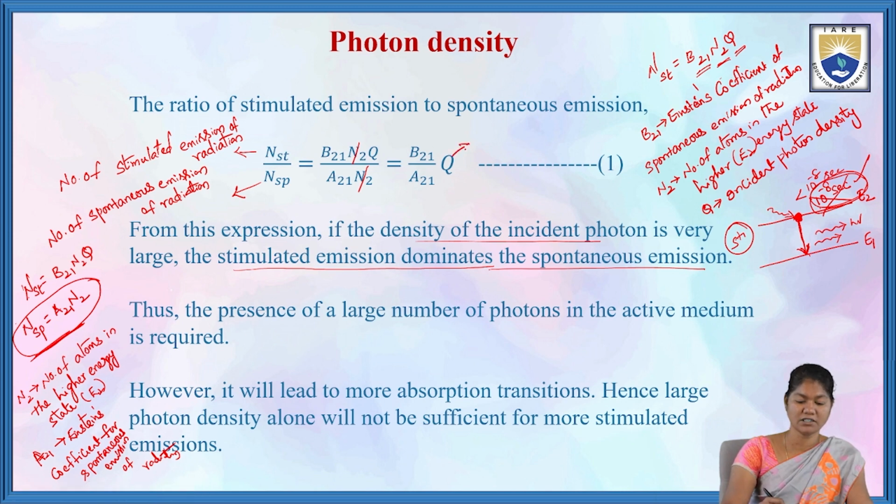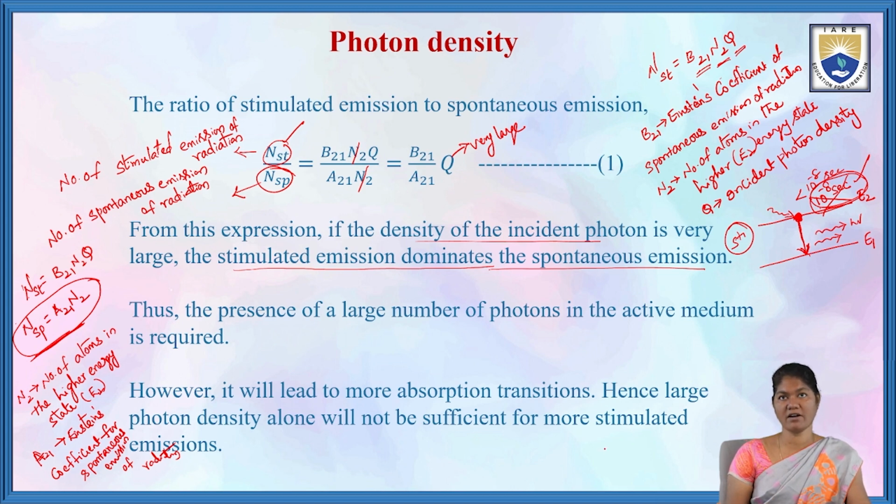If Q is very large, that is, the incident photon density is very large, then the number of spontaneous emissions will be less and stimulated emission of radiation will be more.